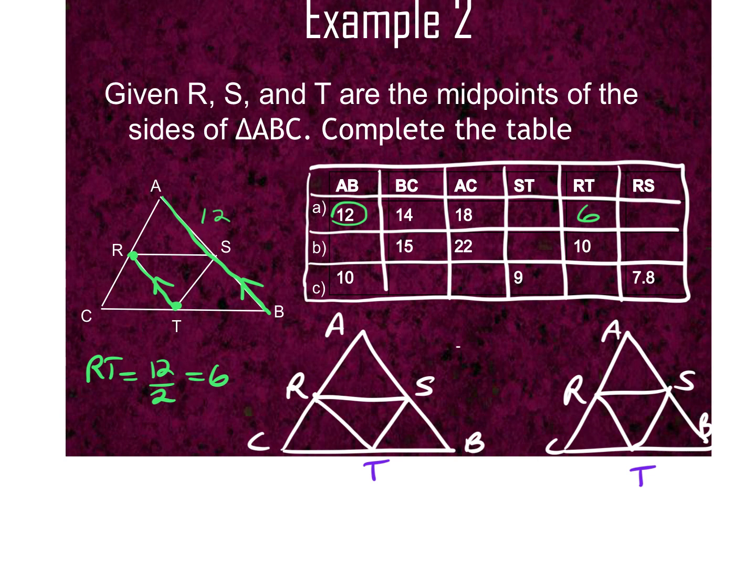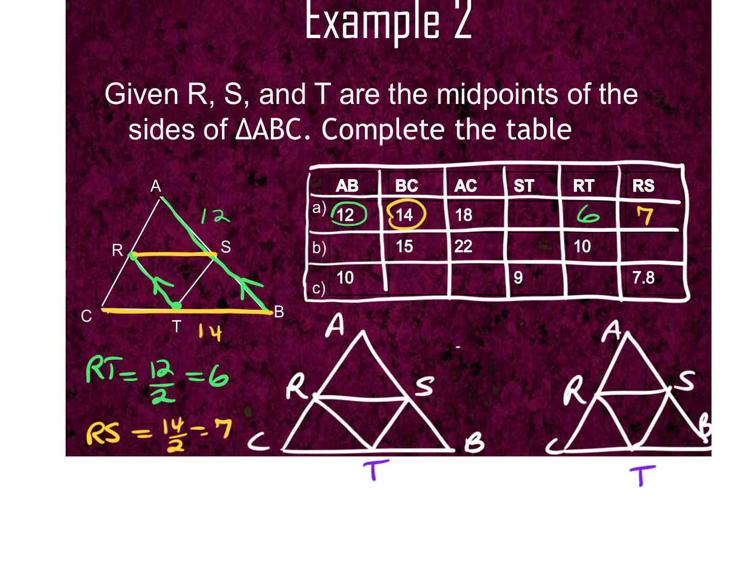Next thing they're giving me is the length of BC. BC is over here, and they're telling me it has a length of 14. Again, R and S are midpoints, so RS is a midsegment. Since they gave me the length of BC to find RS, all I have to do is take 14, divide it by 2, or multiply it by a half, and RS is going to be 7.